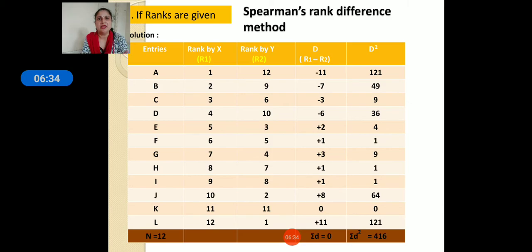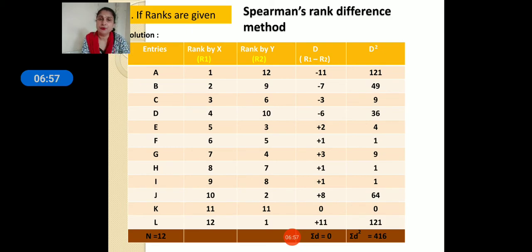In the same way, the first judge has given 2 and the second judge has given 9, so 2 minus 9 we will get minus 7. In the same way we will find out the differences, and you see at least 4 values are negative because judge X has given a lesser rank and judge Y has given a higher rank.